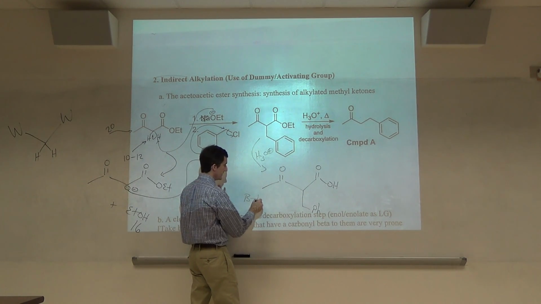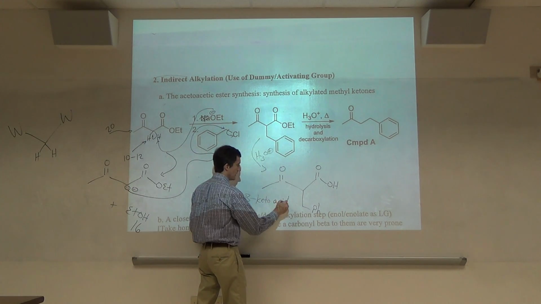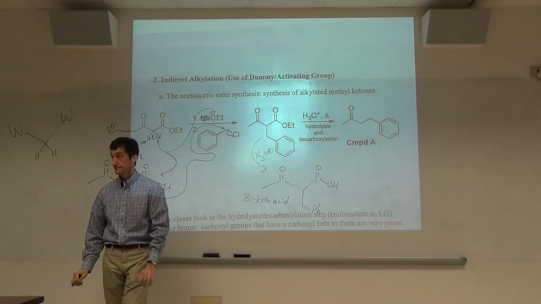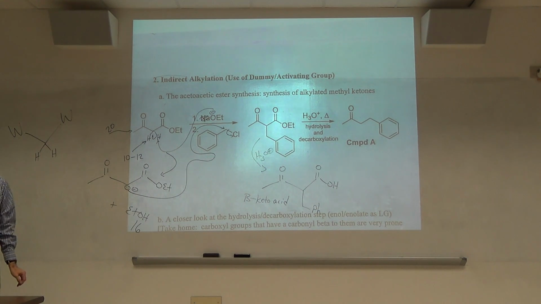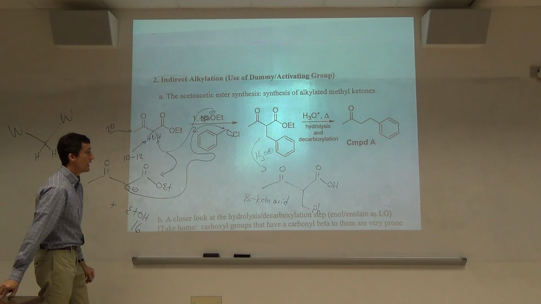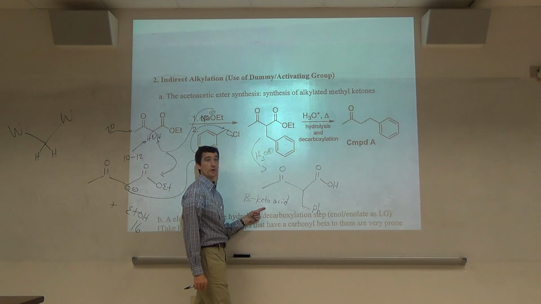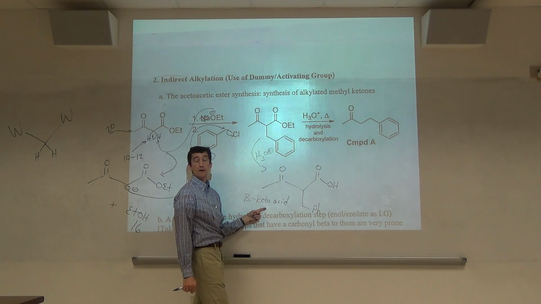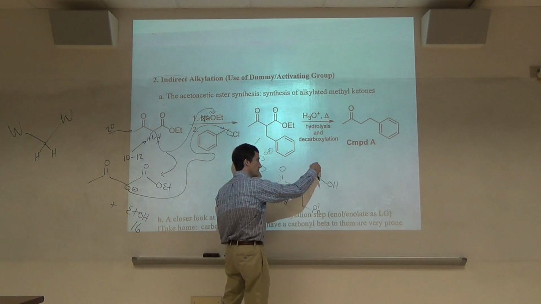This is a beta-keto, not ester, but what? Beta-keto acid. Okay, we just hydrolyzed the ester. That's test 3, right? Well, what are beta-keto acids prone to doing? You don't know, but here you're going to know. Beta-keto acids will decarboxylate. They will lose CO2.